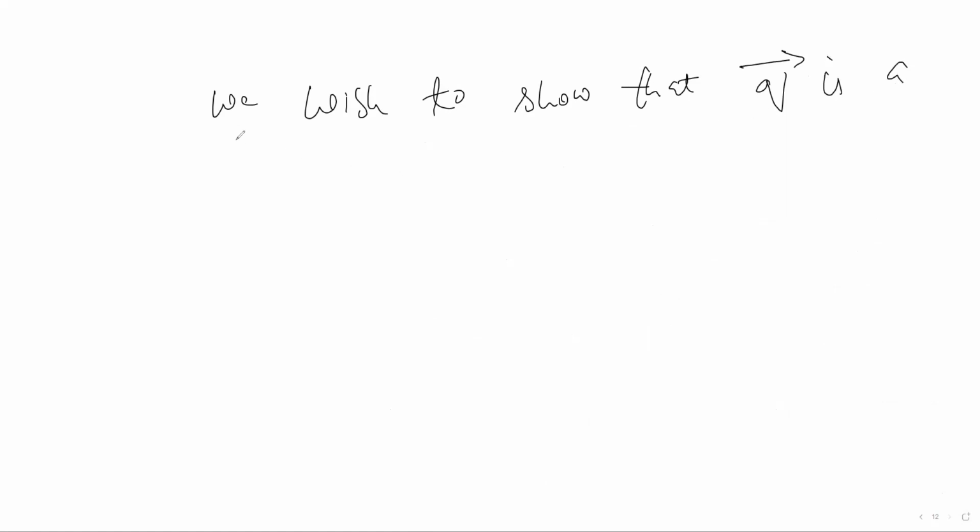We wish to show that Q forward arrow is a bijection.